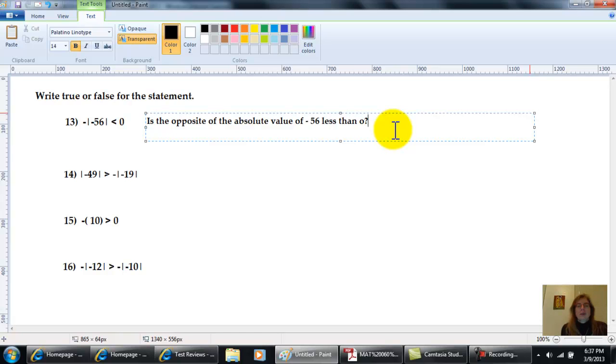That's what the question is asking you. Let's make that a 0. Is the opposite of the absolute value of negative 56 less than 0.